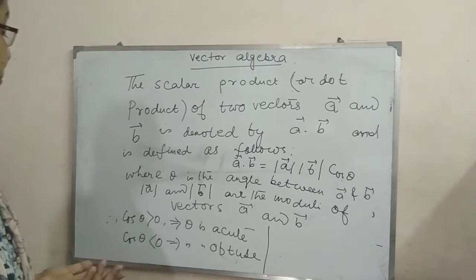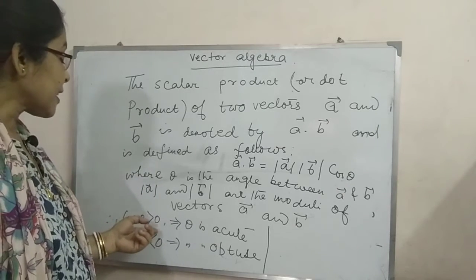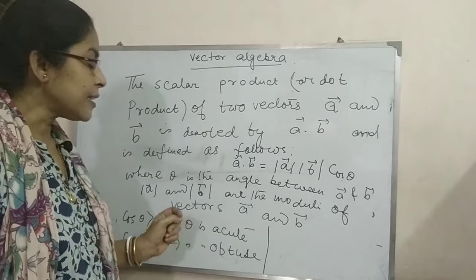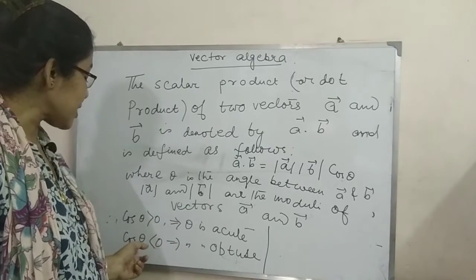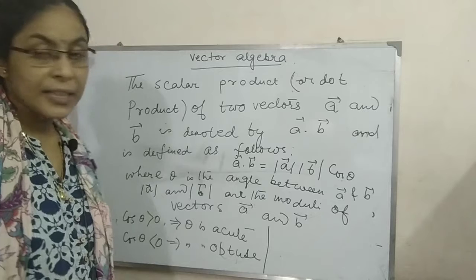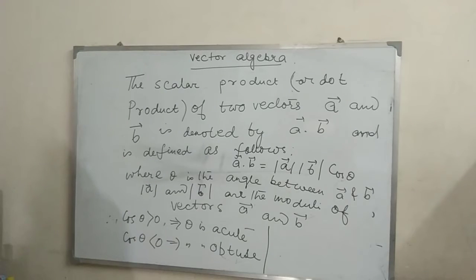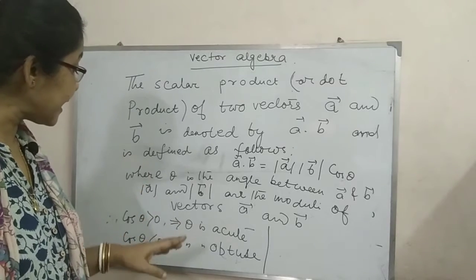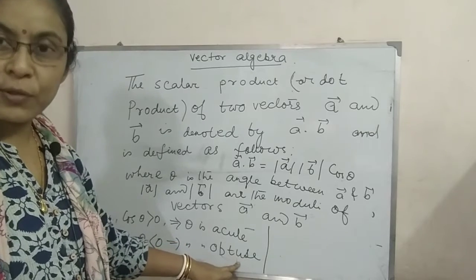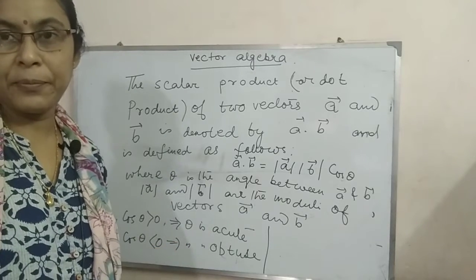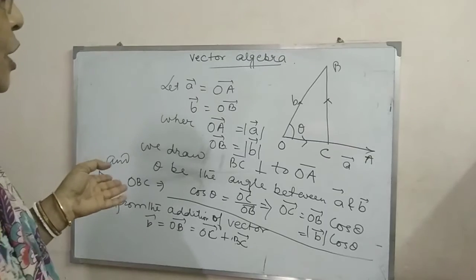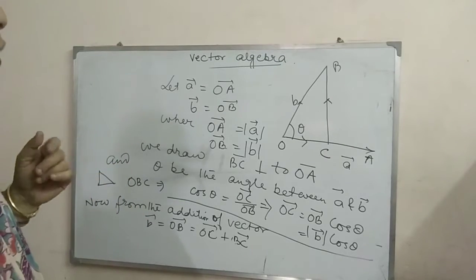If cos theta is greater than 0, then theta is acute, and when cos theta is less than 0, then theta is obtuse. It follows that the scalar product A dot B is positive when theta is acute and negative when theta is obtuse. This is the geometrical interpretation of dot product.